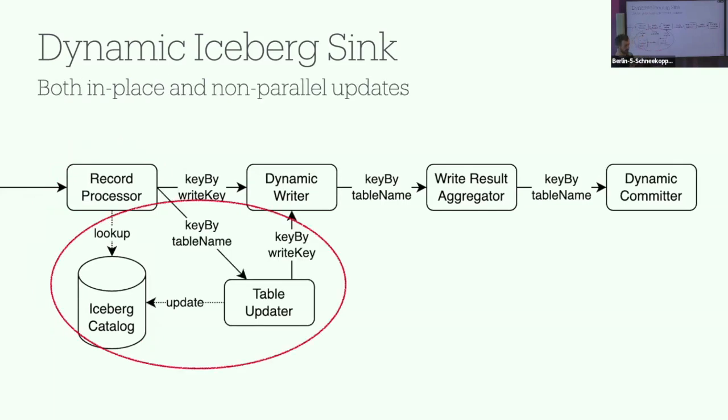So to prevent that, we have this other mode that users can use. If the schema is known and hasn't changed, we just proceed with the normal path. But if we need to update it, we key all the data by the table name. So we basically reroute all the data to a single worker temporarily, where we perform the schema update, and then we continue.